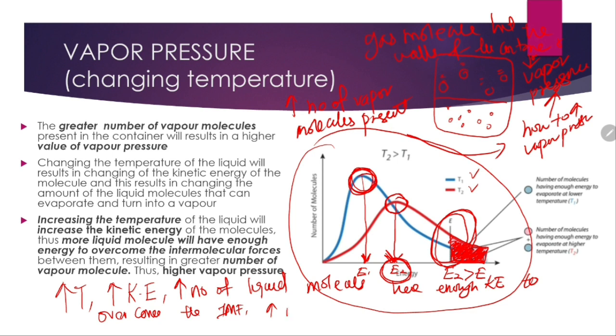So the number of gas or vapor molecules increases. What happens then? More vapor means more collisions with the walls of the container, resulting in higher vapor pressure.